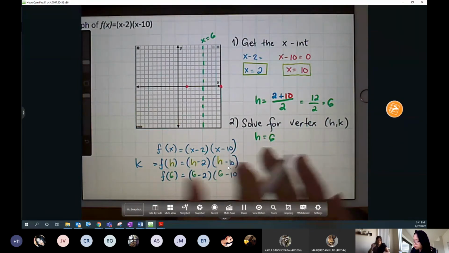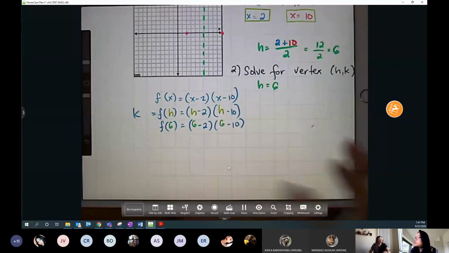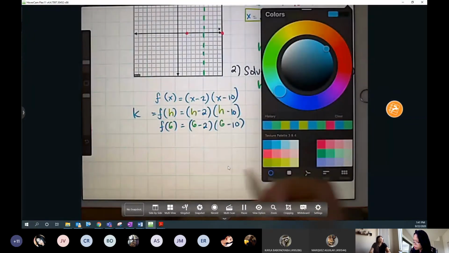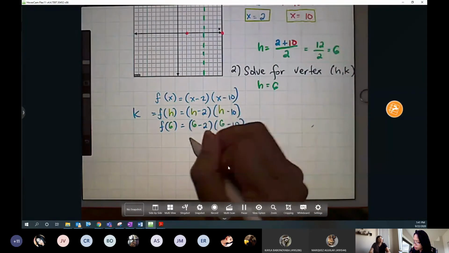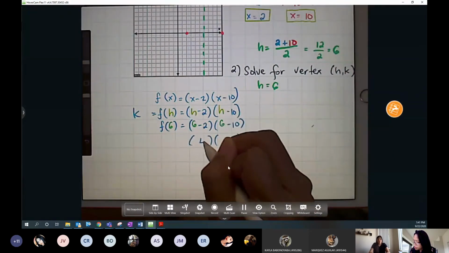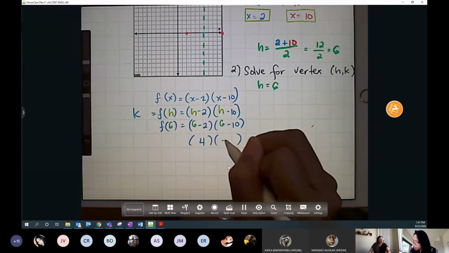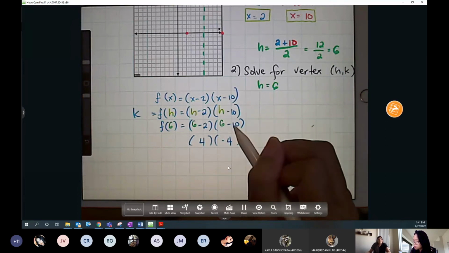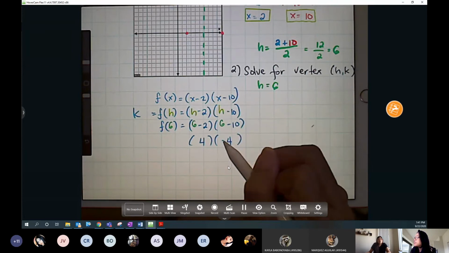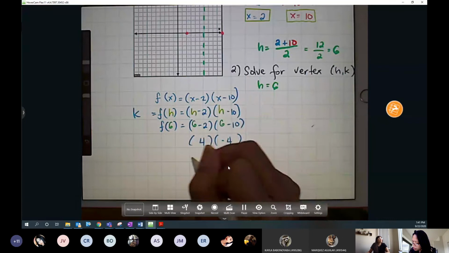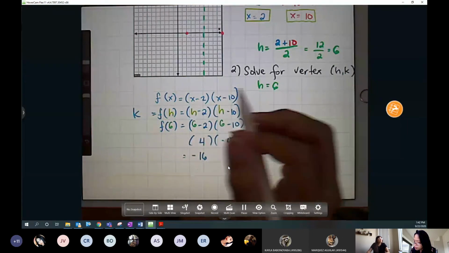So this gives me 6 minus 2 is positive 4, and 6 minus 10 is negative 4. Different signs subtract, and 10 is bigger, so it gets the negative. Okay. And then just multiply these two. 4 times negative 4 is negative 16.